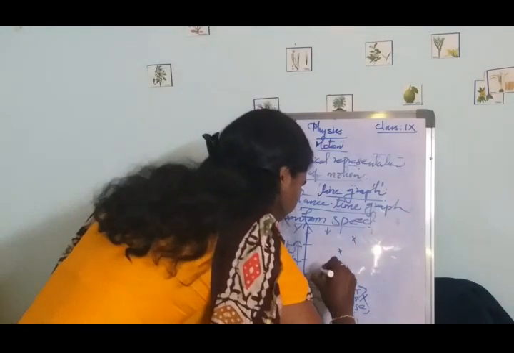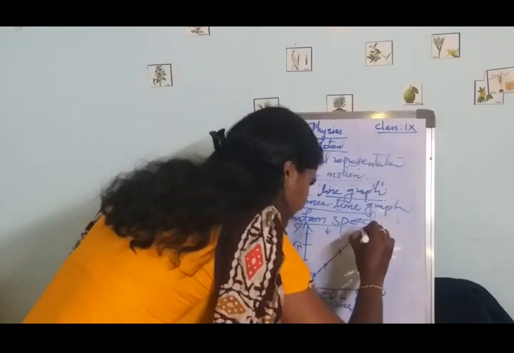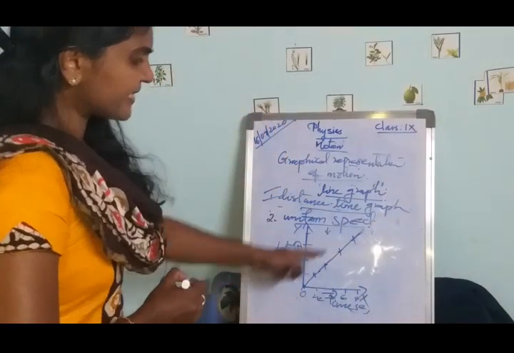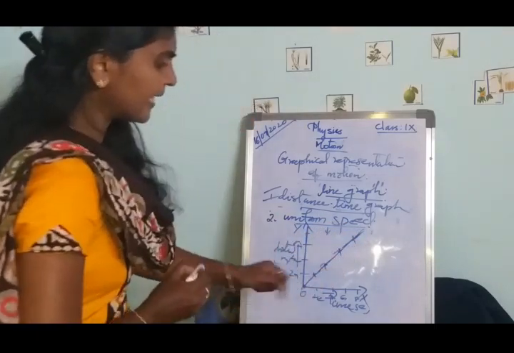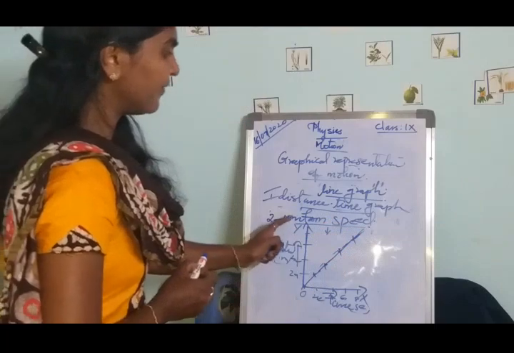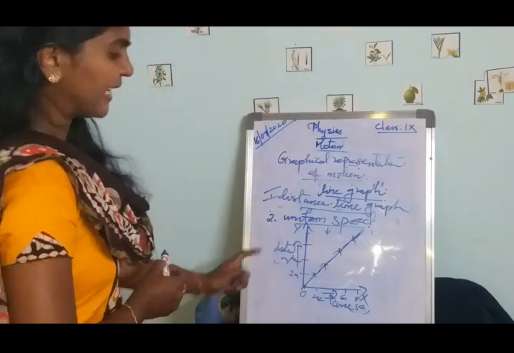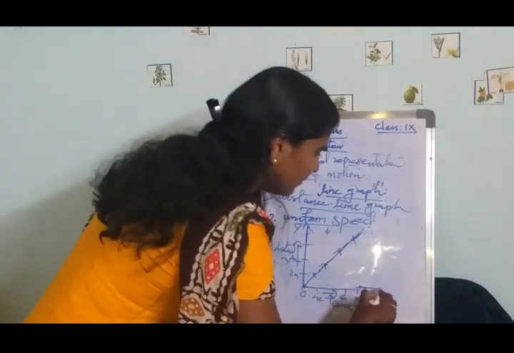So we can join all these points and we get a straight line. This is the distance time graph for an object with a uniform speed.